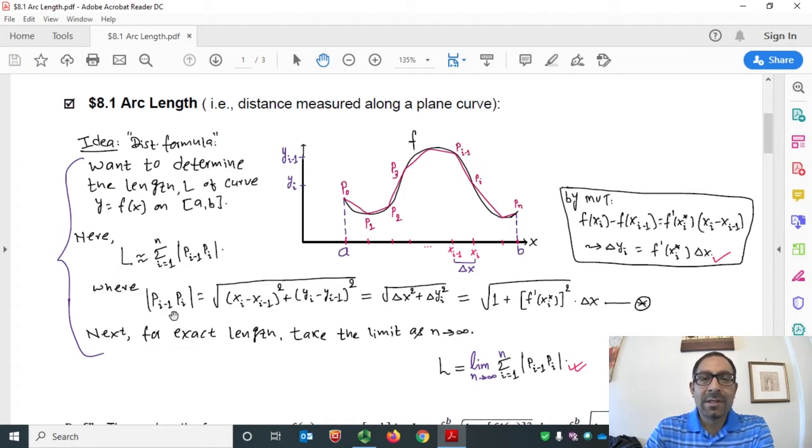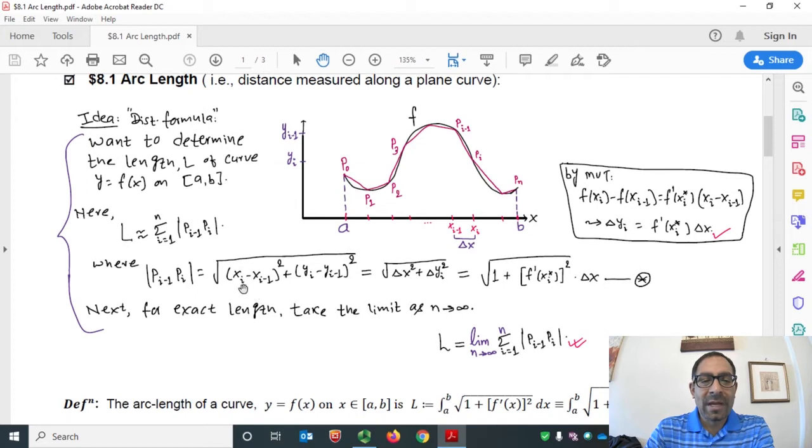To find the distance, we use the distance formula, joining these two points. The length between P(i minus 1) and Pi equals, using the distance formula, the square root of (xi minus x(i minus 1)) squared plus (yi minus y(i minus 1)) squared, which equals delta x squared plus delta yi squared.